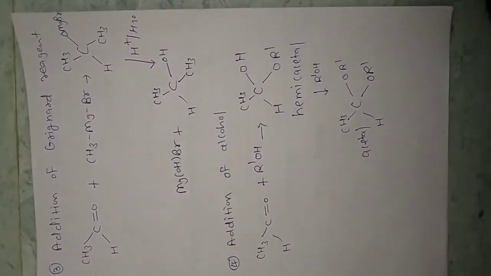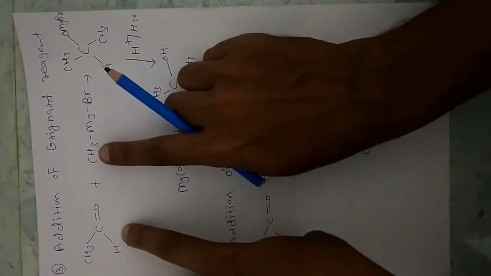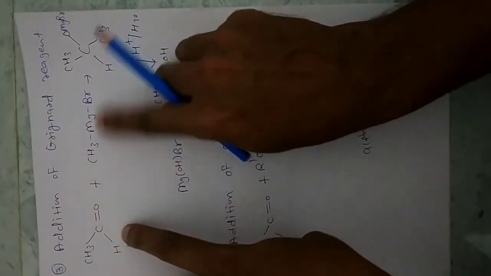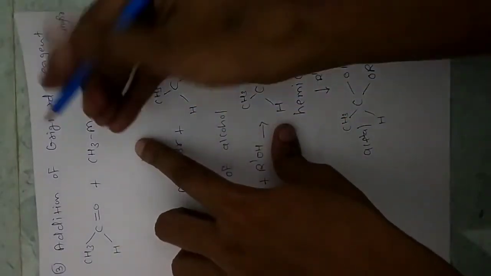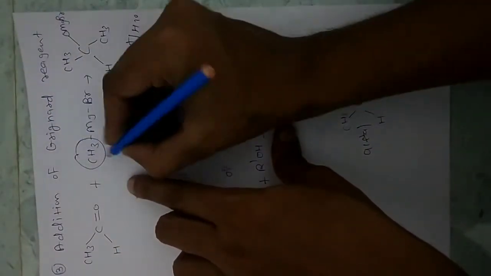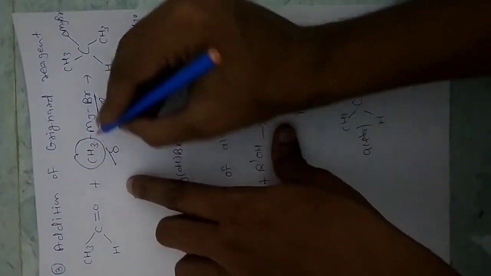Next reaction, addition of Grignard reagent. Now this reaction you have learned in a previous chapter also. You can see here we have an aldehyde, acetaldehyde. When it reacts with CH3MgBr, our Grignard reagent, what happens here? This one is our negative and this one is our positive. So the negative part will attack on carbon.